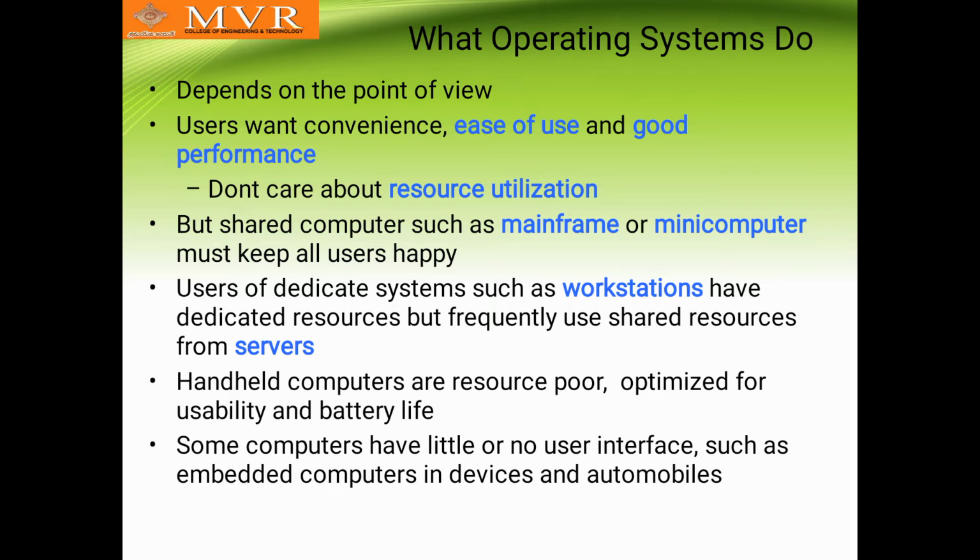Users of dedicated systems such as workstations have dedicated resources but frequently use shared resources from servers. Handheld computers are resource poor, optimized for usability and battery life. Some computers have little or no user interface, such as embedded computers in devices and automobiles.